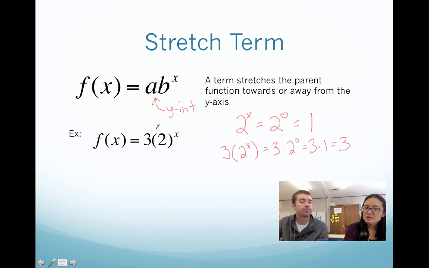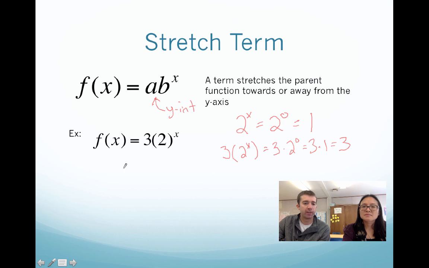You do have to be careful if you start doing one of our other horizontal or vertical shifts, because that y-intercept is going to change. But if there's nothing else and we're in our a, b, x form, which is what we saw with our geometric sequences, a was our y-intercept, or our 0 term, and b was our common ratio.